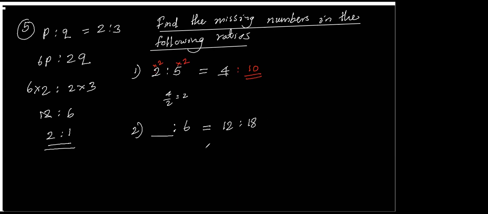First divide 18 by 6, and that is 3. Then 18 divided by 3 is 6. Then 12 also divided by 3 is 4. 4 to 6.